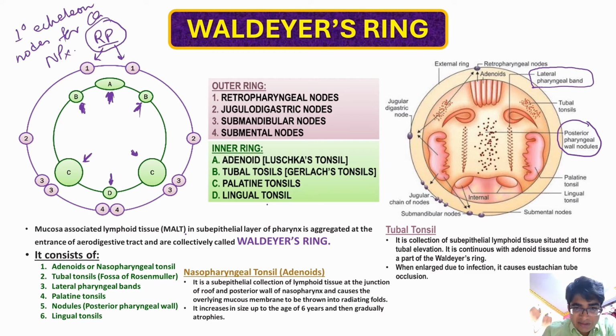Now the second ones are the jugulodigastric nodes, which are the most important lymphatic drainage site for the palatine tonsils.